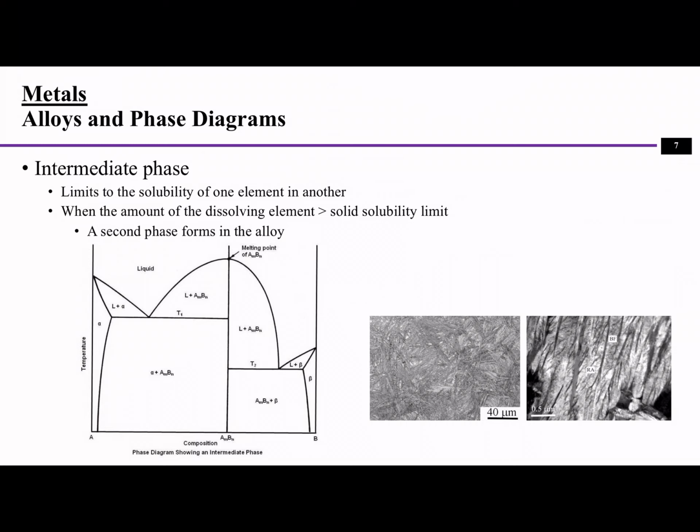And now let's look at this diagram. This is called a phase diagram. The phase diagram has elements, A and B, and also has a temperature. So as the composition of the elements changes, and also the temperature changes, the structure actually will be different.